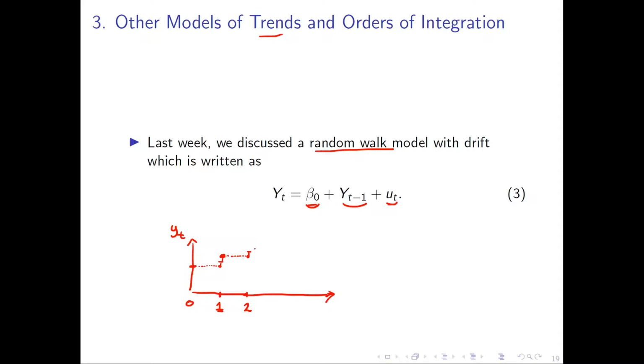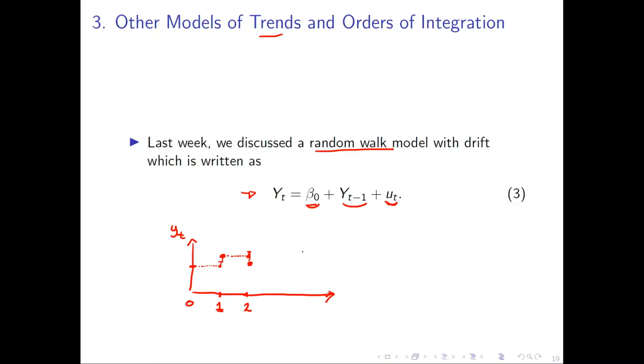The drift is constant in this framework, and then you add the random error term. Maybe this time it was negative by quite a bit, so the new value is here. So this random walk evolves according to this equation.